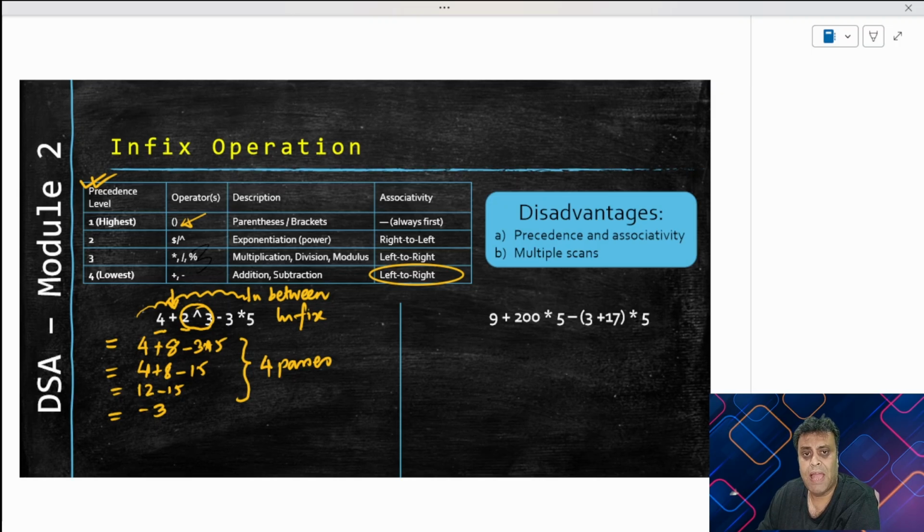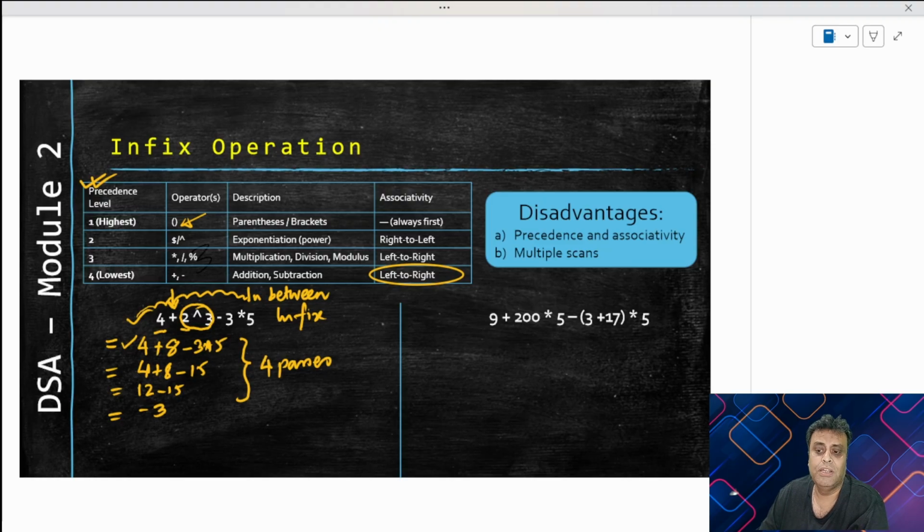So we are going back and scanning the expression again. We scanned this expression, we created this expression. Then we scanned this expression and created this expression. Then we scanned this expression and created this expression. So all the while we are scanning the previous expression to get to the next expression.